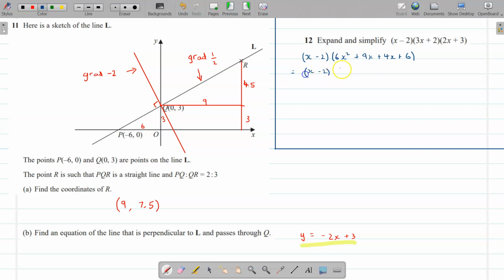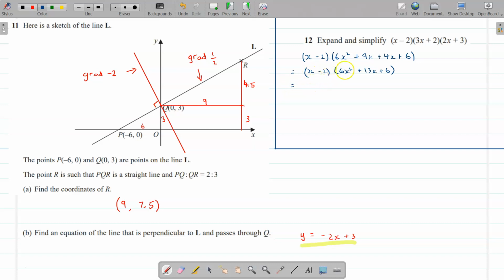multiplied with 6x squared plus 13x plus 6. This time we have to do 3 multiplications with the x and then another 3 with the minus 2, and then simplify afterwards.